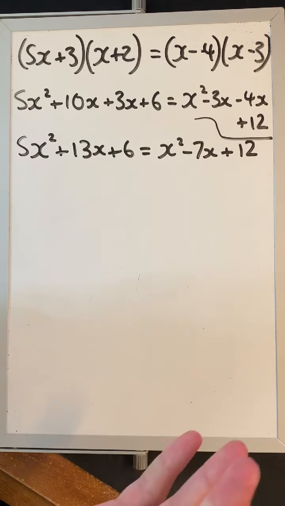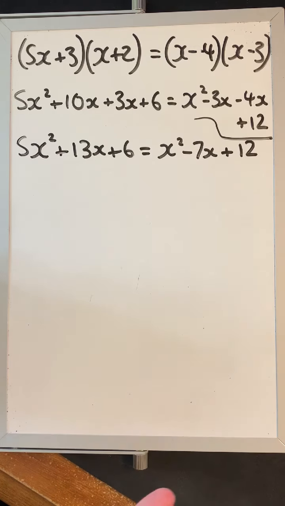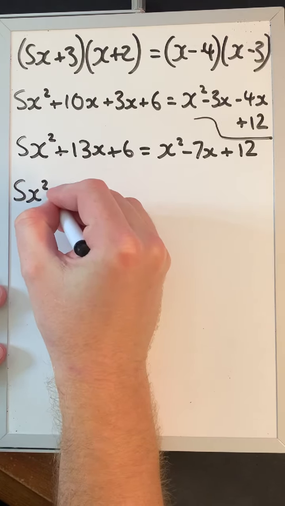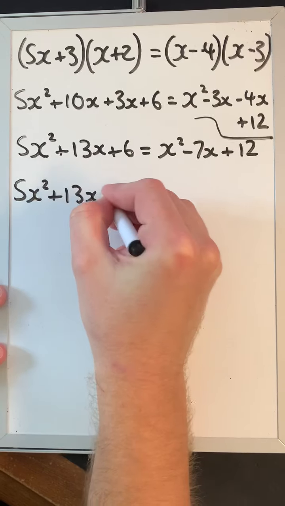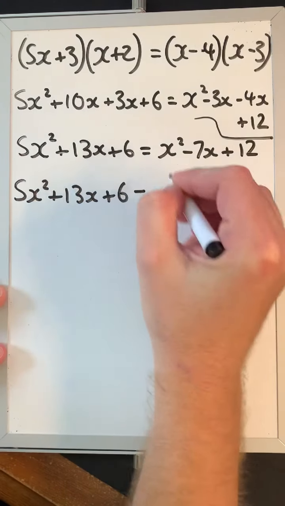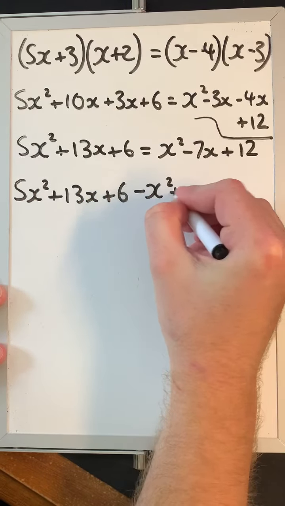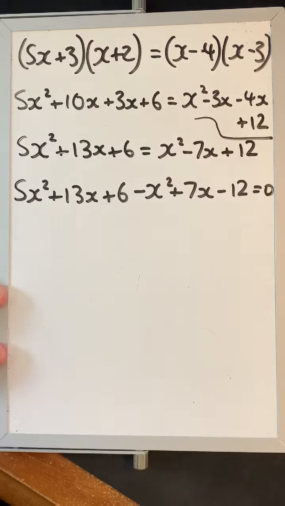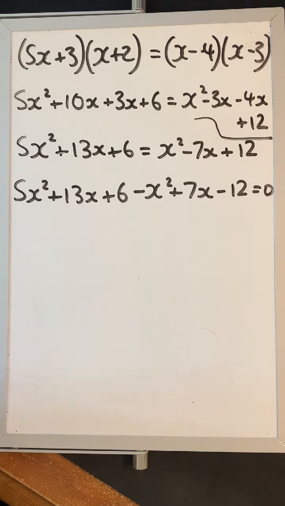What we want to do is get this into quadratic form. So remember what we do, take it all onto one side. So we've got 5x squared plus 13x plus 6 minus x squared plus 7x minus 12 is equal to 0. And now we want to group terms together, so we get this looking like a quadratic.